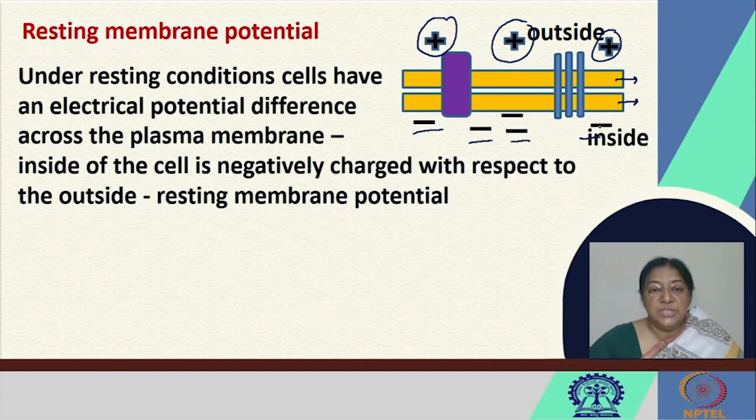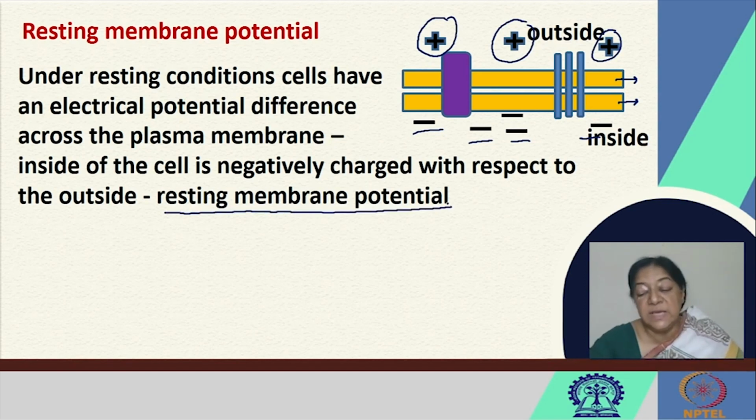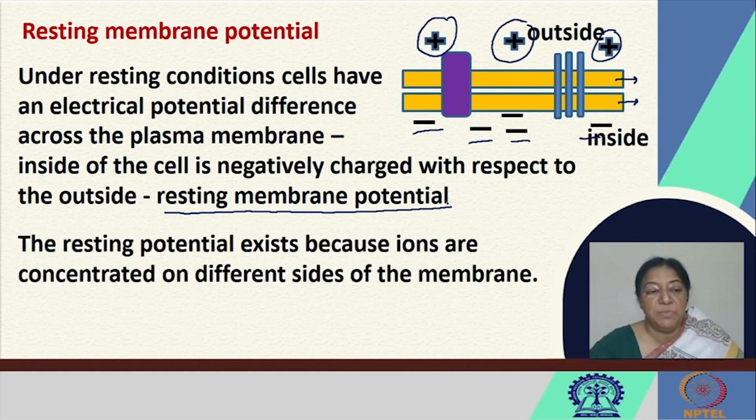Under resting conditions, therefore, cells generate an electrical potential difference across the plasma membrane because the inside of the cell is negatively charged with respect to the outside. This is called the resting membrane potential. And this exists because of the imbalance of charges across the plasma membrane.